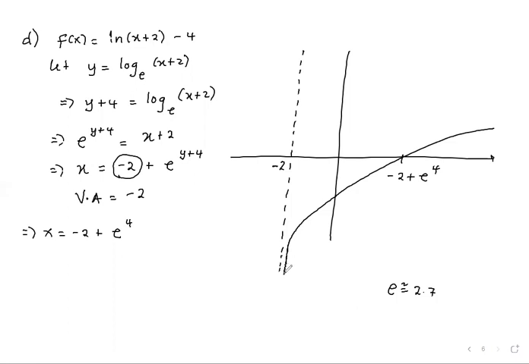And then now we need to find the y-intercept. That is where we set x to 0, because x is 0 on the y-axis. So we let x be 0, then we'll have 0 equals negative 2 plus e to the power y plus 4. Take the 2 to the other side, we'll have e to the power y plus 4 equals 2. Now to find y, you convert this from exponential to logs, so you can solve for y.